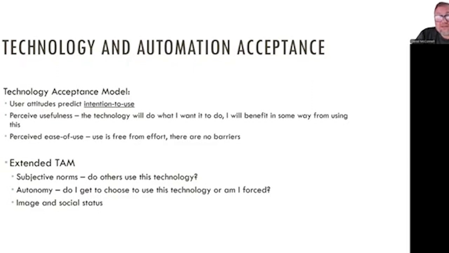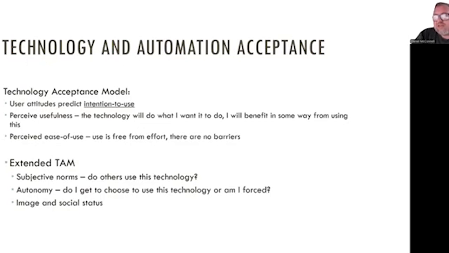And then autonomy is another issue here as well. This also relates to our kind of social perception of the technology, right? So sometimes, I make the choice that I want to go buy one of these wearable fitness technologies, so I get to make the choice. But there could be other technologies, like what if my employer wants to track my health? Because maybe that affects how much they want to pay for my health insurance.